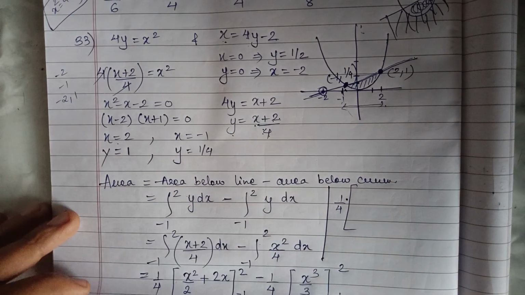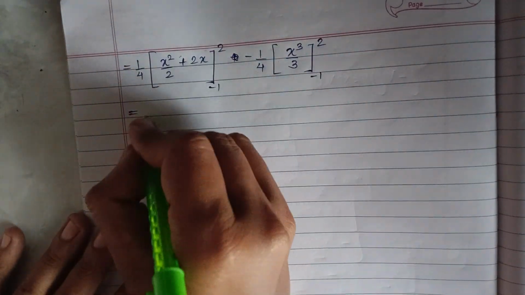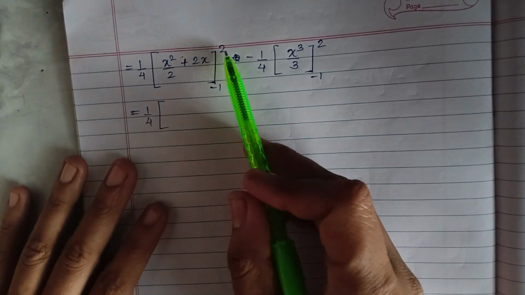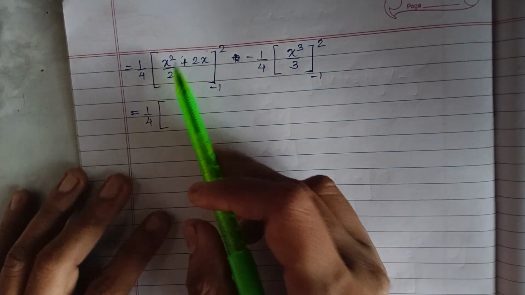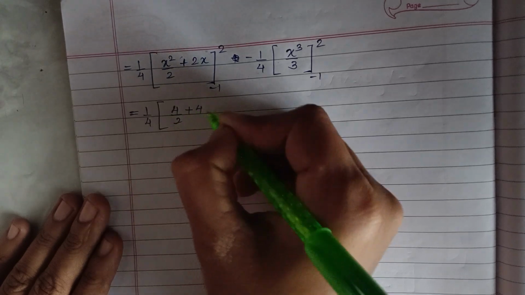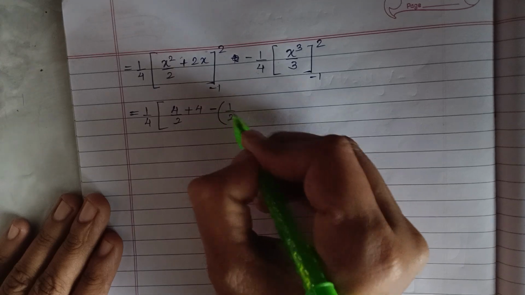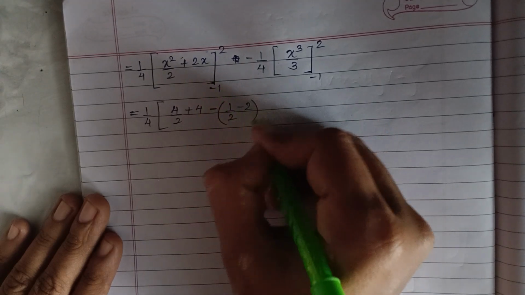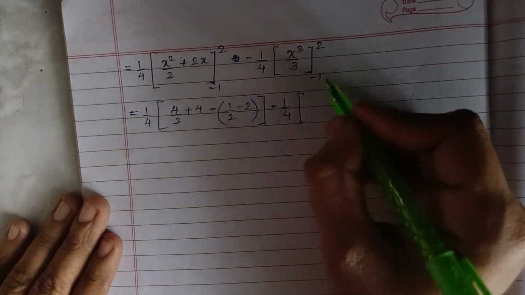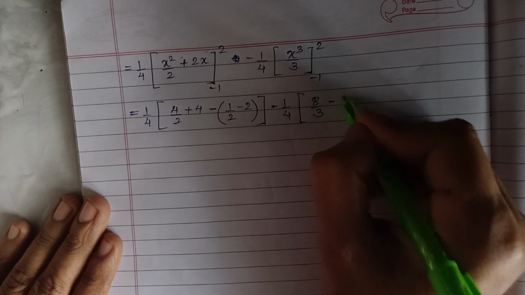I'll solve it on next page. See, 1 by 4, a to b, so b you have to put first. 2 square 4, 2 2s are 4, minus 1 square 1, minus 2. 2 cube 8 minus 1 cube minus 1.